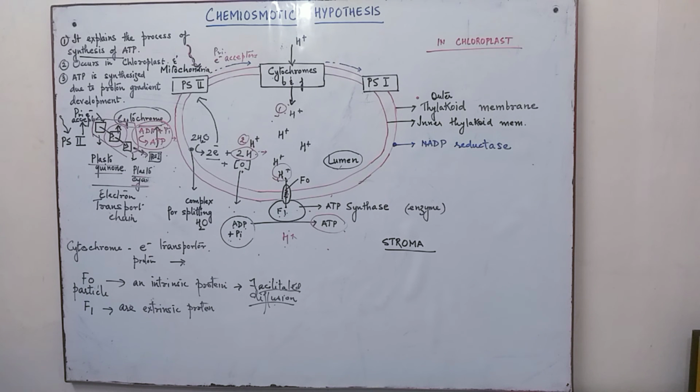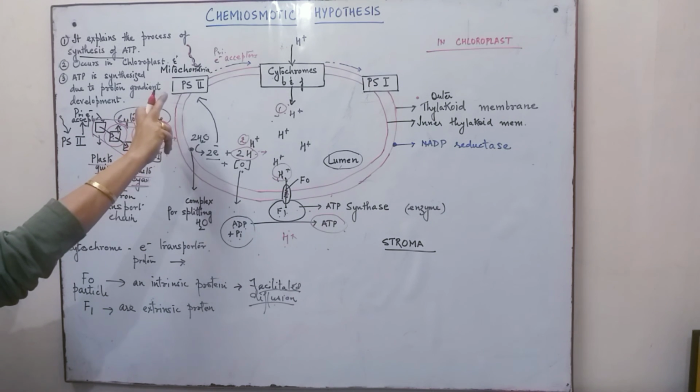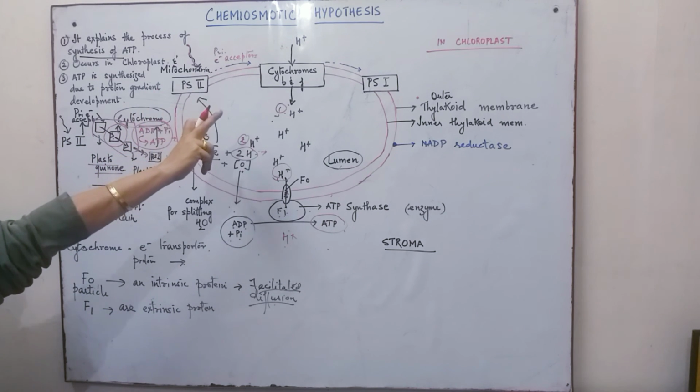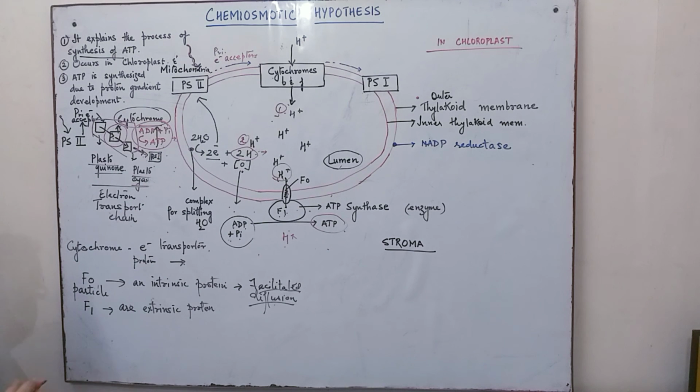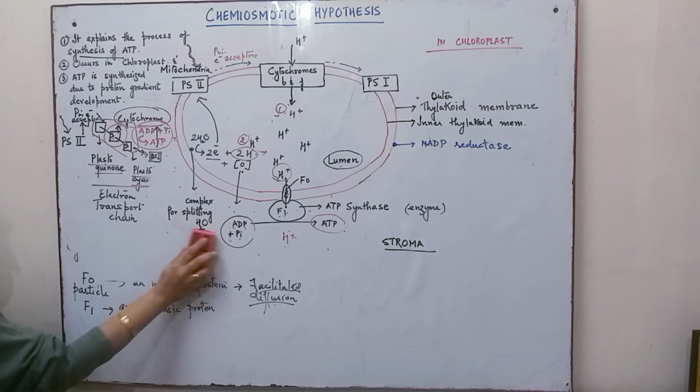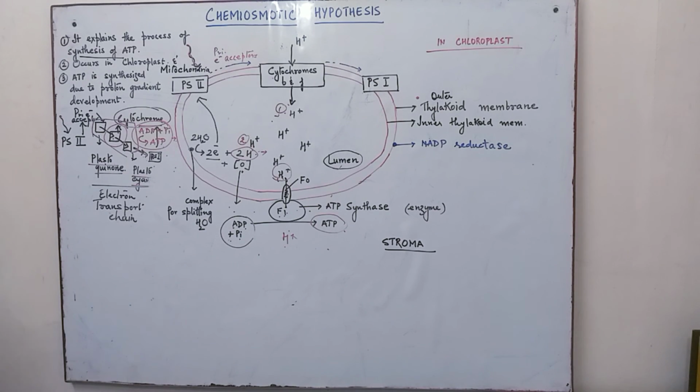Now over here you have to understand, coming to the next part, the electrons are continuously passing through and they reach the PS1 system. When they reach the PS1 system, the electrons go from the cytochromes to the plastoquinone, and from here they will enter the PS1 system.